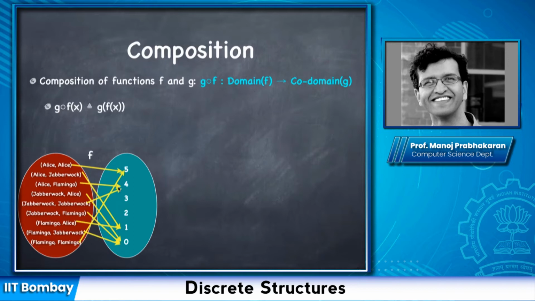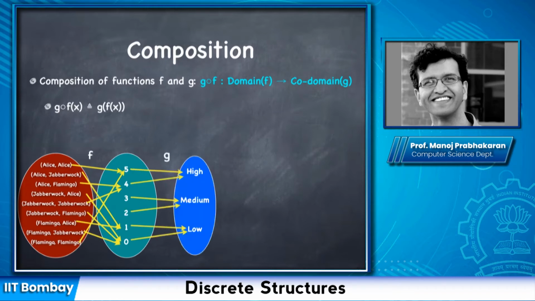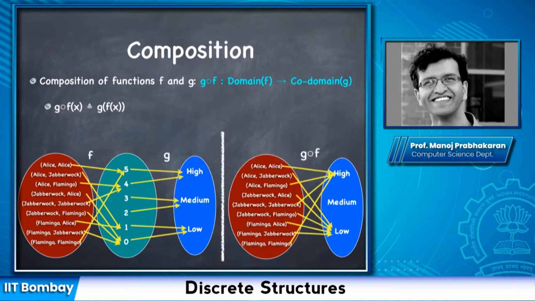And now I define a new function g which takes these numbers in the range 0 to 5 as its input and assigns them labels: high, medium, or low. Now I can talk about the composed function g of f of x, such that it takes, say, Alice, Alice, and maps it first to 5 and then maps 5 to high. So g of f of Alice, Alice is simply high.